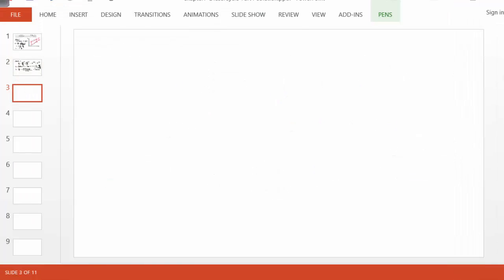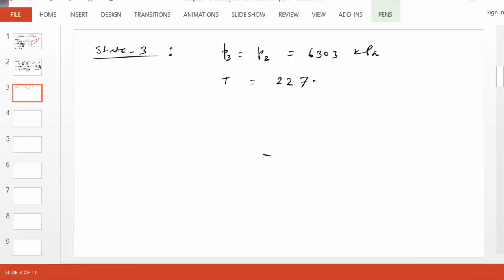State 3. From the information supplied to us, we know for sure P3 is equal to P2, and we just calculated pressure 6303 kPa, and the temperature, I believe, is supplied, if you recall, 2000 degrees Celsius, which is 2273 Kelvin.